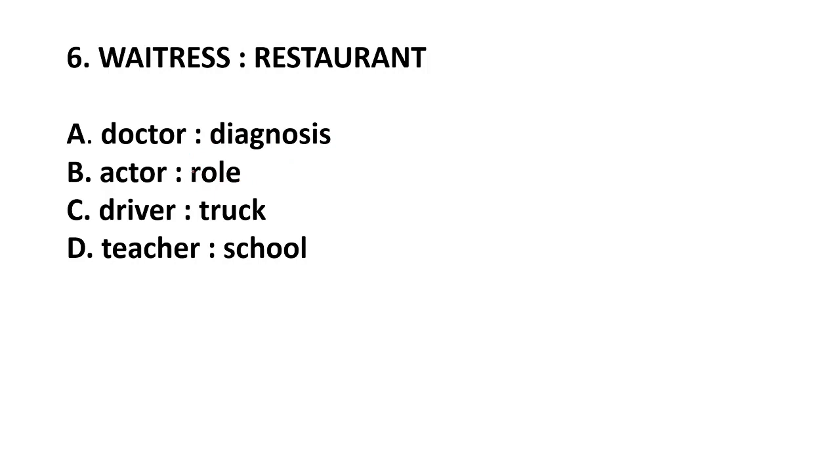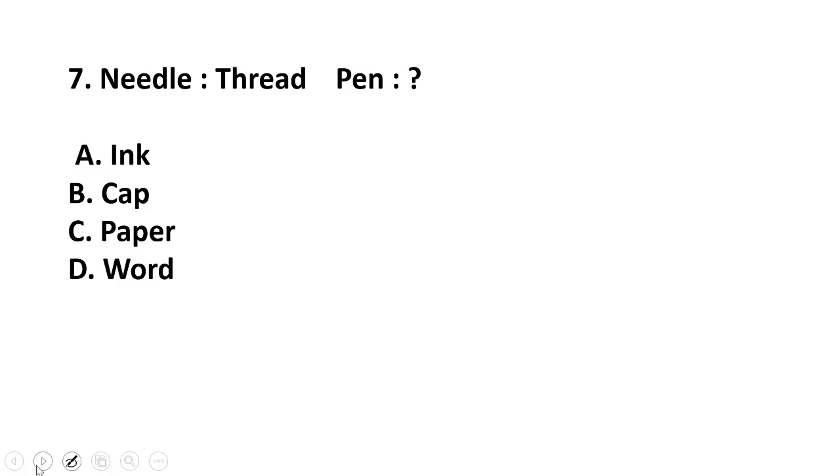He gives the different kinds of treatments, and gives the analysis of what kind of disease is there. An actor plays a role. A driver is using a truck. But teacher, school. Here also, the waitress is a staff of the restaurant, as a teacher works in school. This is the answer. Next, number 7.